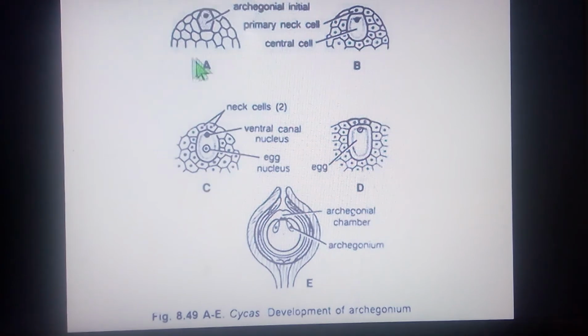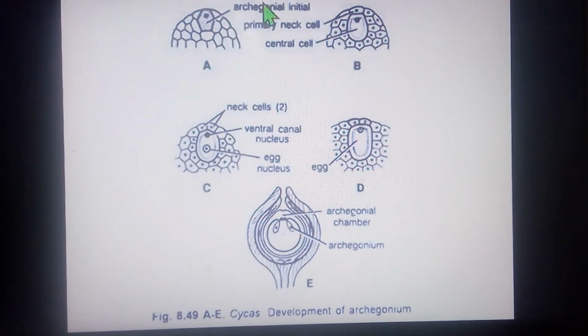Let us take a look at only one archegonia. How does it form? We know that around 2 to 6 of these cells will become differentiated into archegonial cells. So let's take a look at how this archegonia will form.